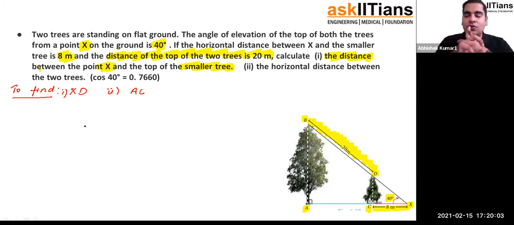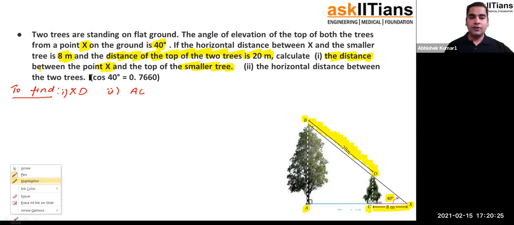If you know cos 40, if needed you can calculate sin 40 and tan 40. So this cos 40 can give rise to two more values. Here we are going to use the cos of 40 degrees that we are provided. Let's see how we can use it.